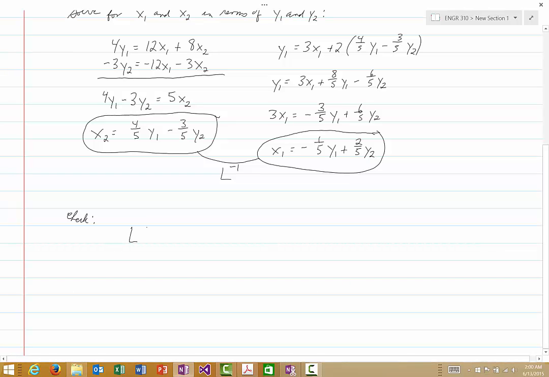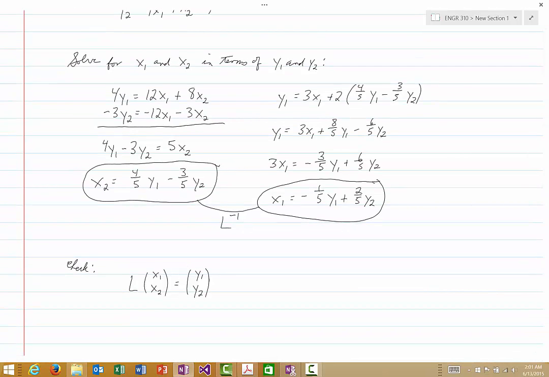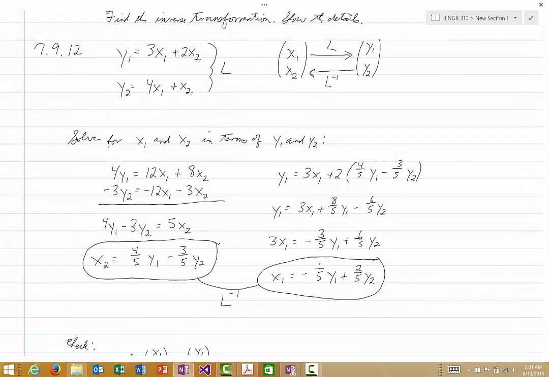L acting on x1, x2 is equal to y1, y2. We've already said that above. But now we know that y1 is 3x1 plus 2x2, and y2 is 4x1 plus x2.